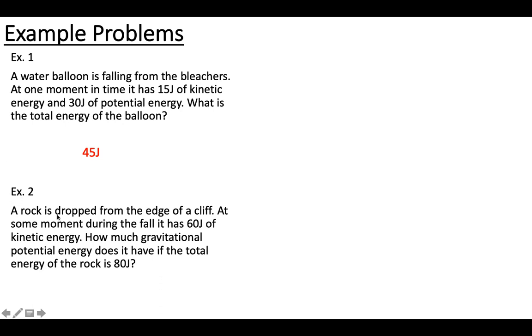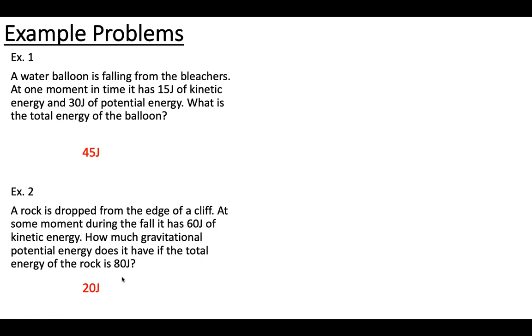All right, let's do another one. Example 2. A rock is dropped from the edge of a cliff. At some moment during the fall, it has 60 joules of kinetic energy. How much gravitational potential energy does it have if the total energy of the rock is 80? Okay, so the total is 80. 60 of the 80 is kinetic. So whatever the leftover is the potential. What's the leftover? How much do I need to get from 60 to 80? 20 joules.